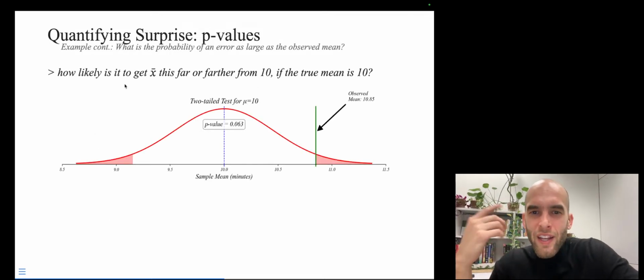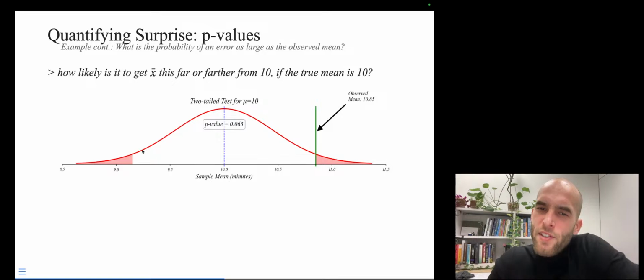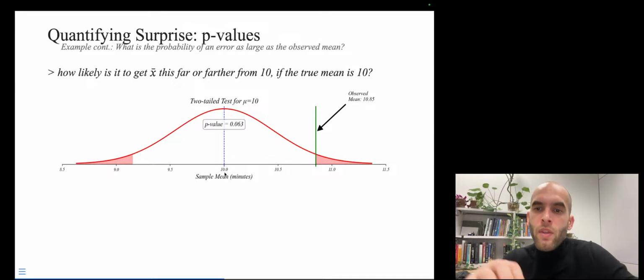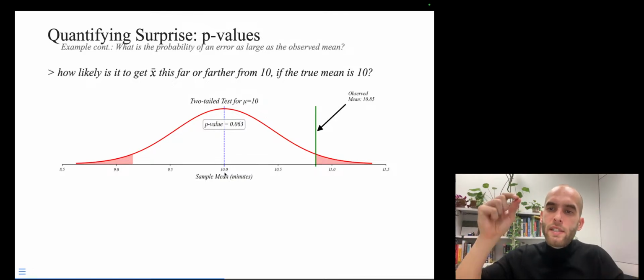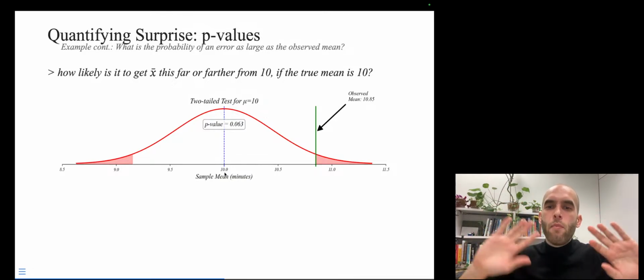Okay, so we're going to continue our example here. This is a picture of what a p-value captures, and you've almost certainly seen this before. Here we have an observed mean, and we want to quantify the areas in the tails. Centering the distribution on the null hypothesis, what's the probability we see our observed mean or anything more extreme?